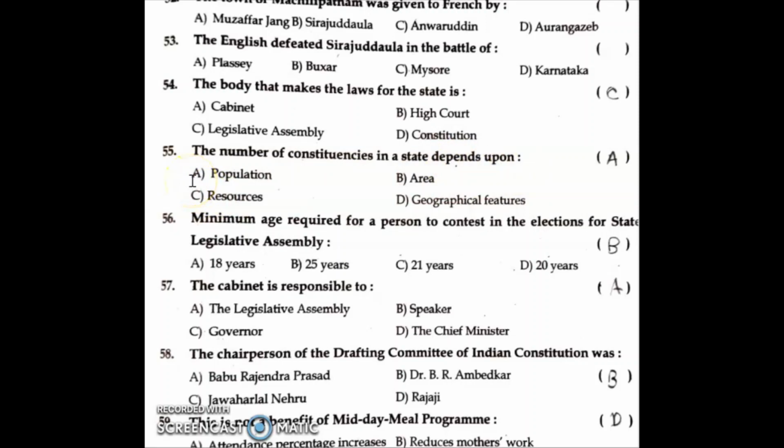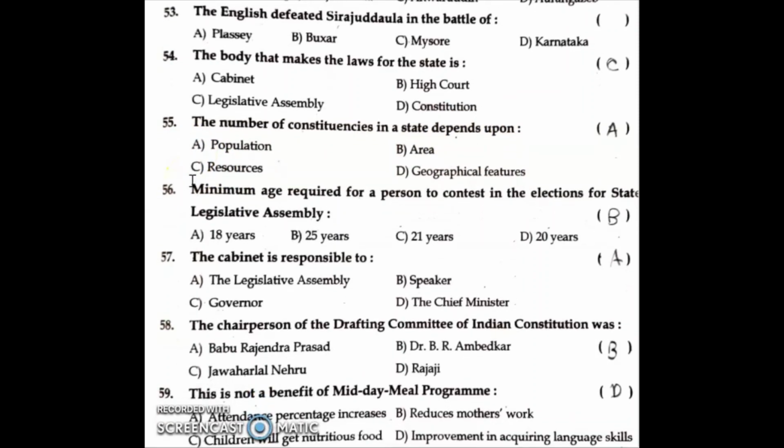The number of constituencies in a state depends upon A. Population. The minimum age required for a person to contest in the elections for the state legislative assembly is B. 25 years.